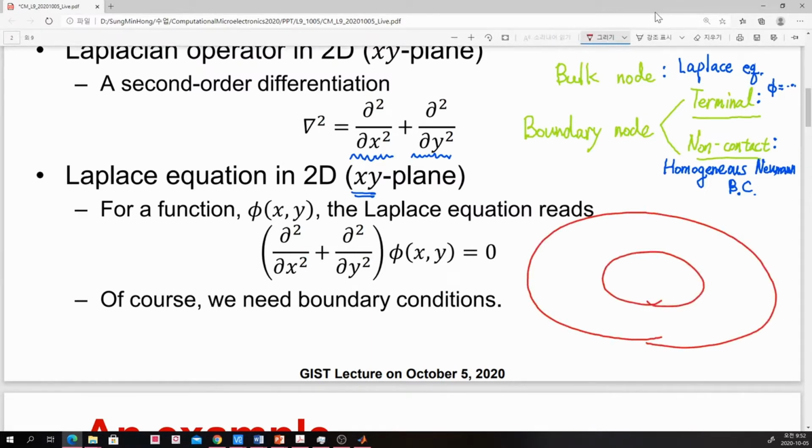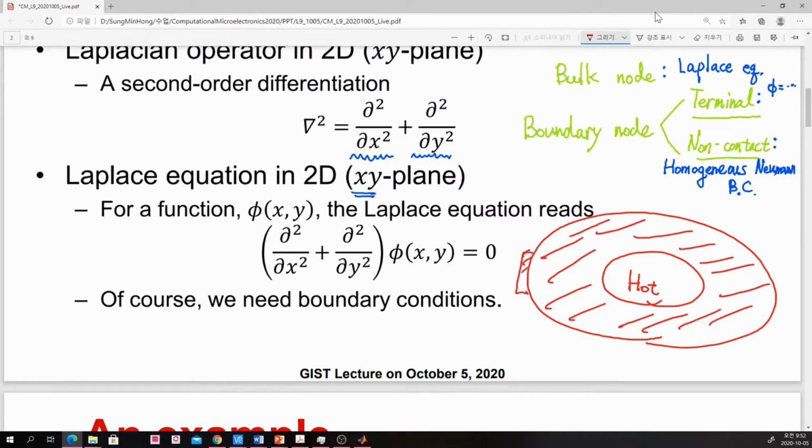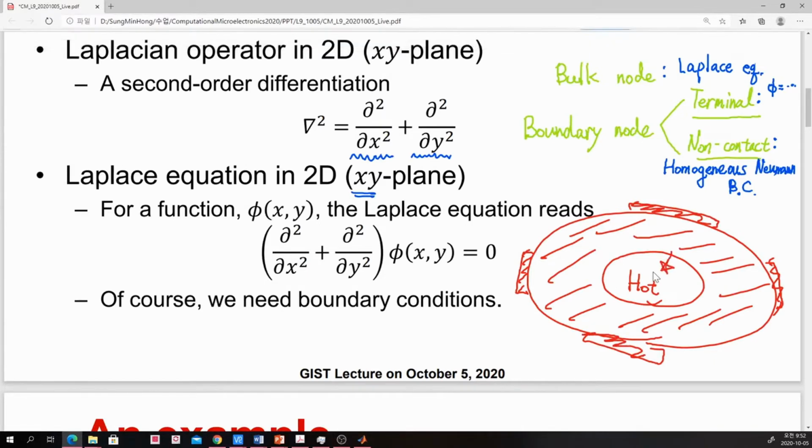Yes, you have a hot place, and this is your relatively warm place, and your contact or domain boundary should be placed just away from this hot place. That is my main message in this slide.